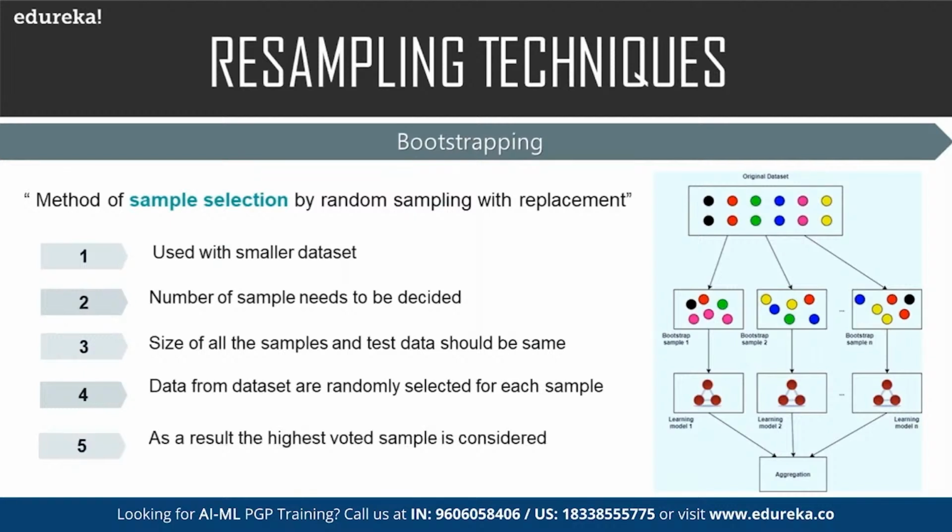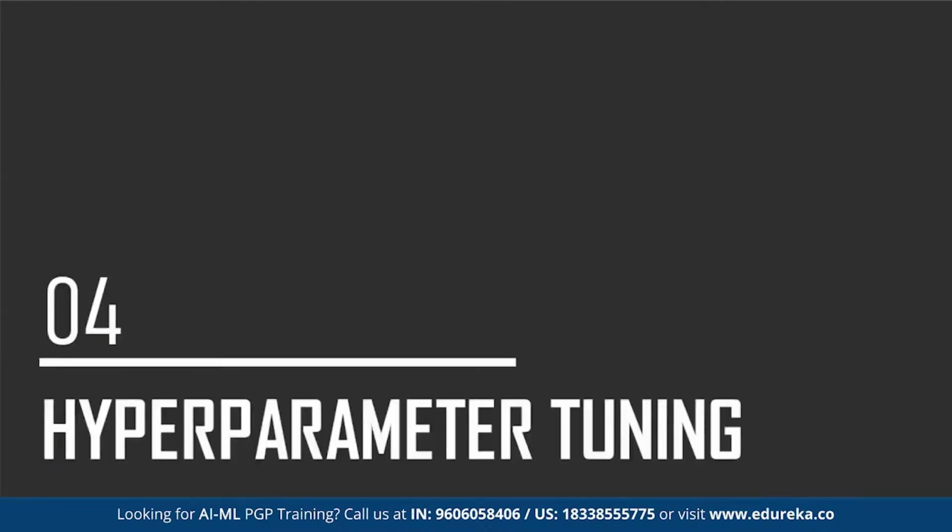We also call it bagging. We build different models upon the bootstrap data, ensemble them by bagging, and get an aggregated result. As a result, the highly voted samples are mostly considered.